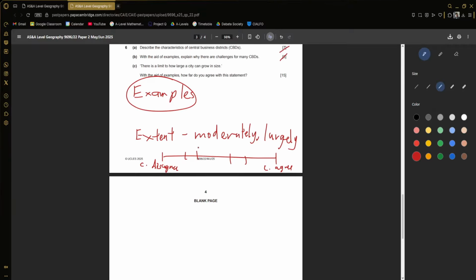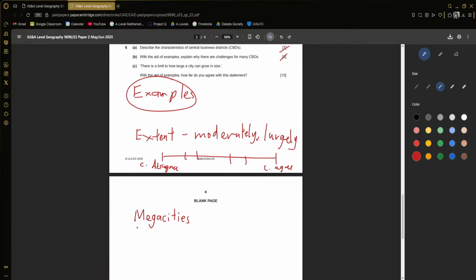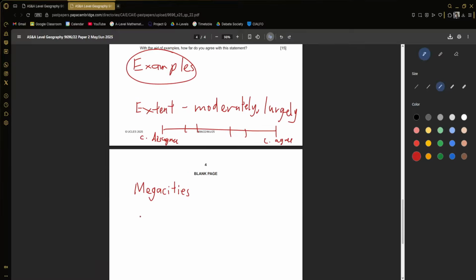For my points, I talked about the existence of megacities, so the evidence of megacities to show how there has been indefinite growth of city sizes, but I also talked about things like political limits and physical limits.